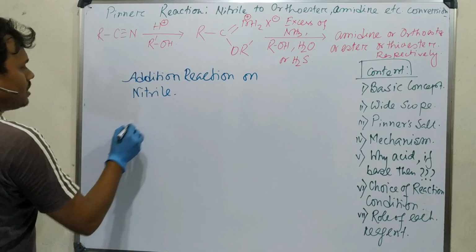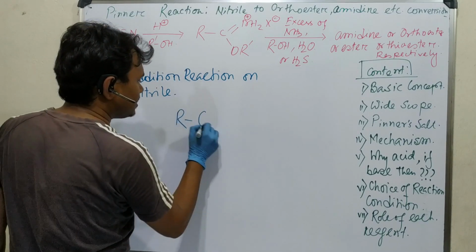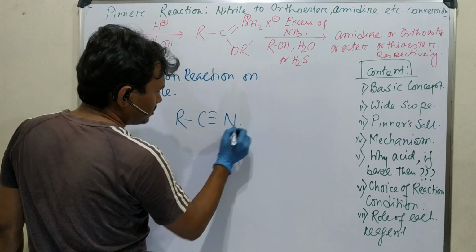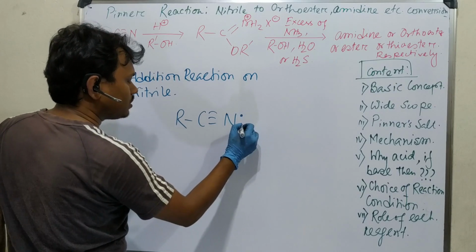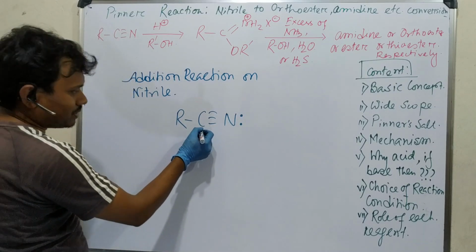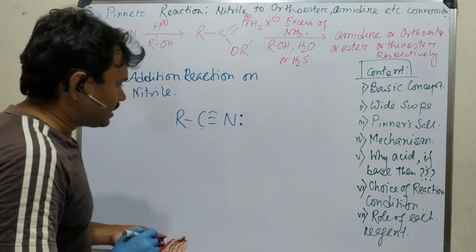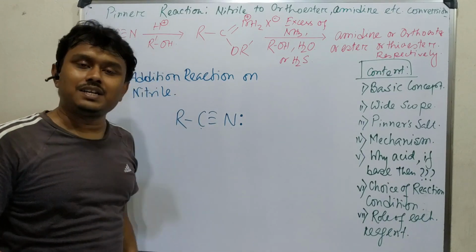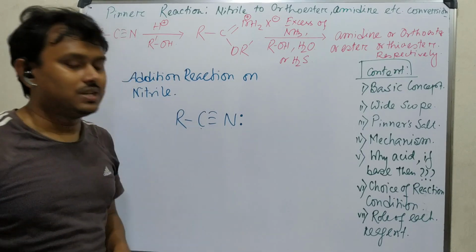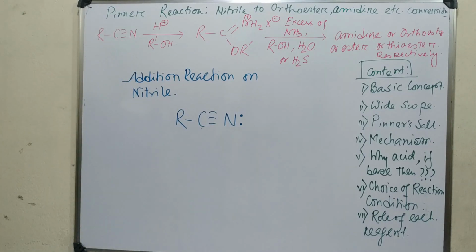Why am I saying this? If we consider nitrile, RC≡N, there is a triple bond and there is a lone pair. Addition means some part will add here, some part will add here. But sometimes hydrolysis also occurs during the reaction. So that is another uniqueness of this process.